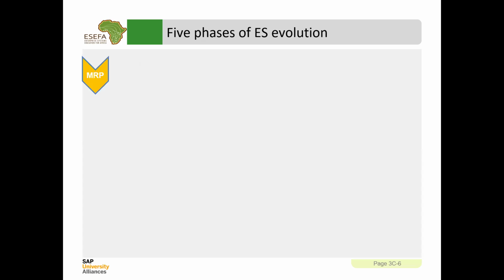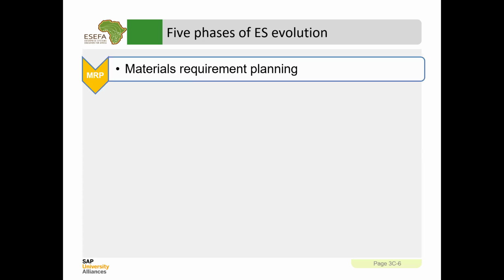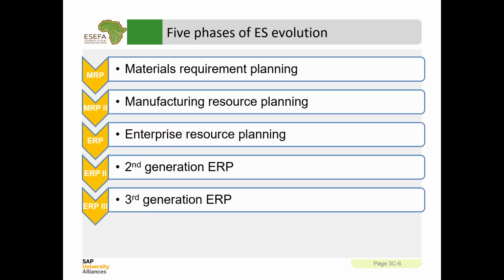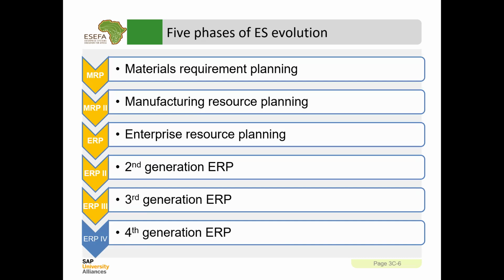Now, there are 5 evolutions. Even though this has gone beyond my note, by the recent check that I have, basically there are evolutions of the ERP system. As I said initially, what we had then was materials requirement planning.